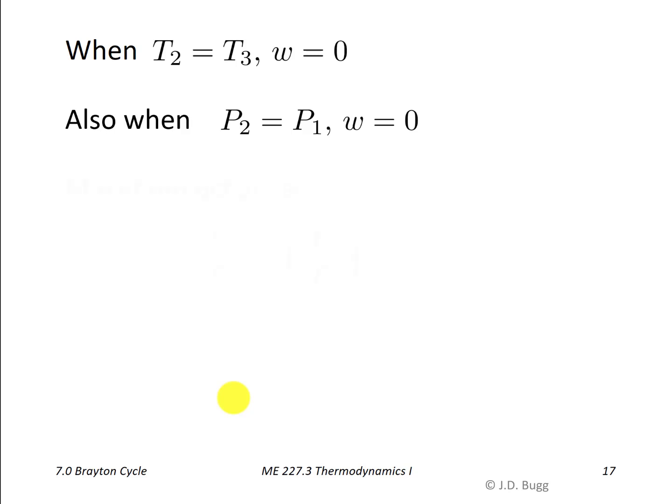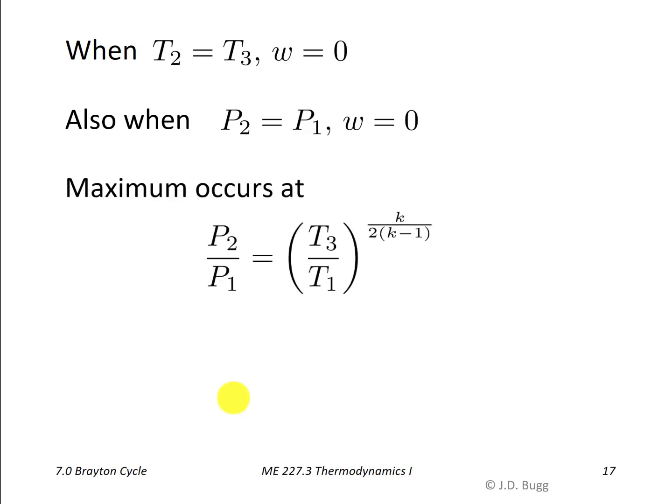Well, that means that there's somewhere in between where the work is a maximum. And we won't go through this development, but it turns out that if our pressure ratio is equal to this, the temperature ratio raised to the power k over 2(k minus 1), then we get maximum work output. So remember what T1 and T3 are.